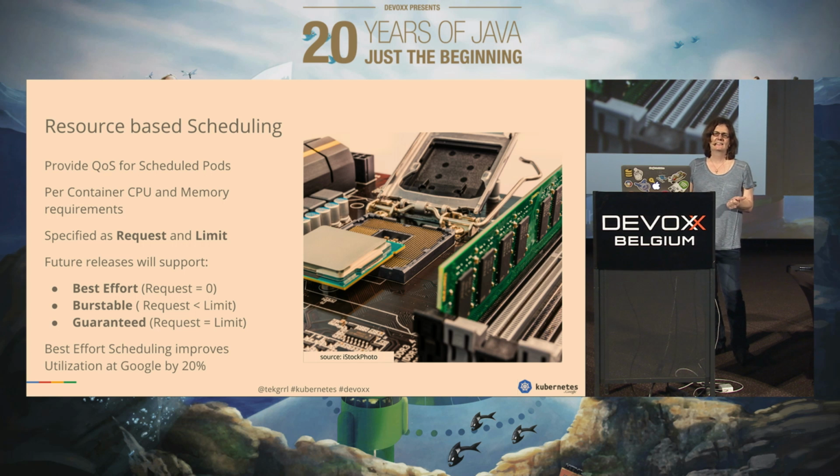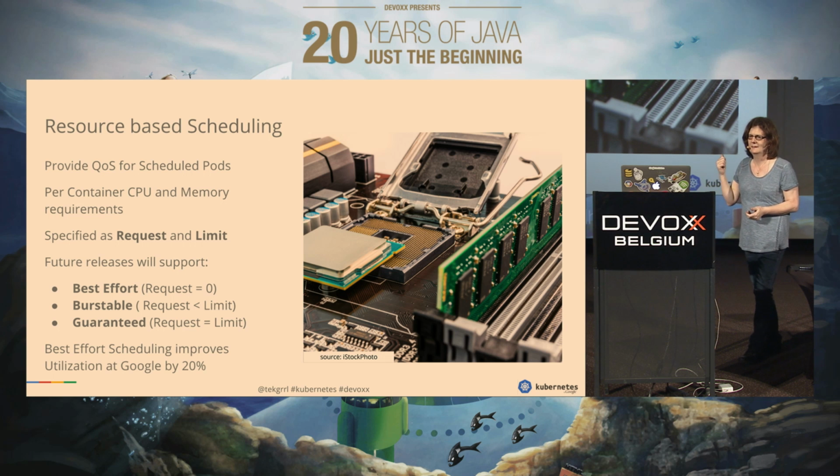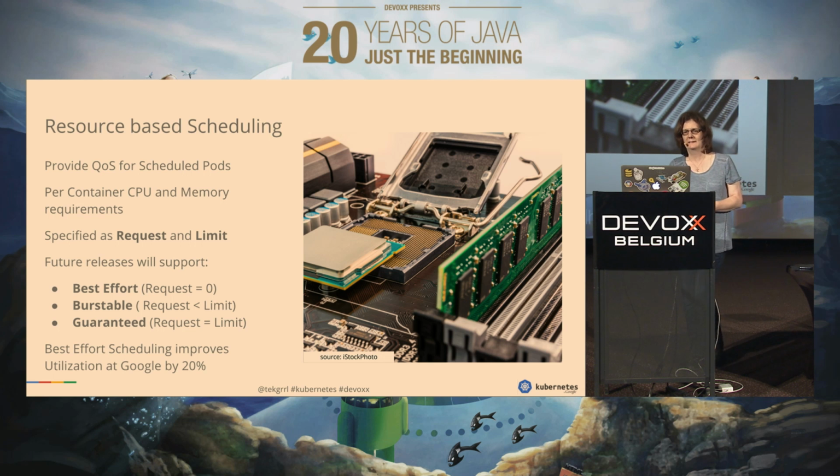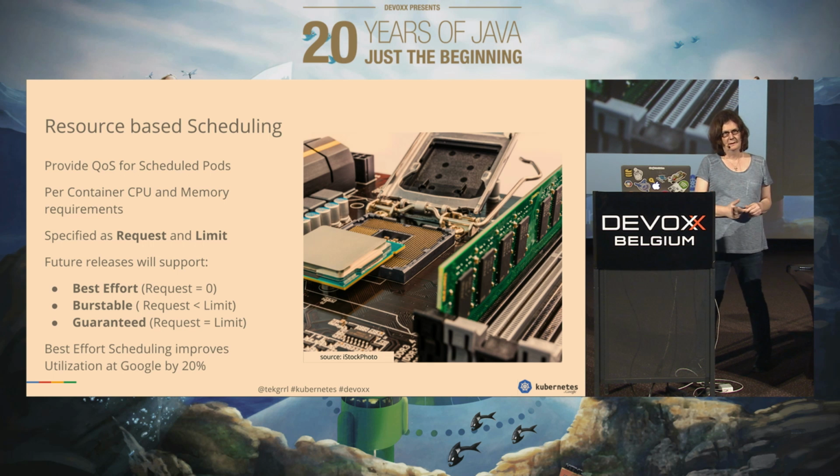The last one is guaranteed. This is the highest priority jobs, where we say the request equals the limit. What we're requesting is the maximum you should allow it. But at the same time, it's not just the maximum. It's saying we want you to give all that resource up to the limit straight away. We want this thing to run and be guaranteed to run. So this is the highest quality of service, and pods that are running at guaranteed should never be preempted.